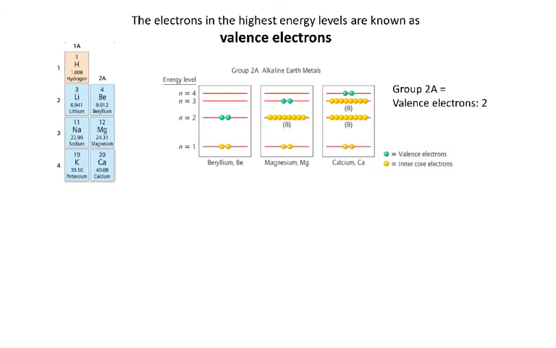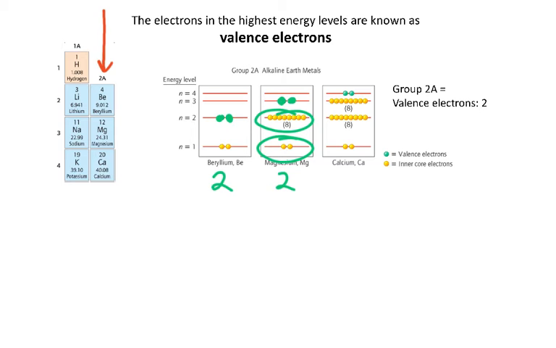All right, let's move over one to group 2A. If we look at what we had for beryllium, we're just adding one more electron to the n=2, so now there's 2. Going down to magnesium, element number 12, we have 2 electrons in n=1, 8 in n=2, and 2 in n=3.